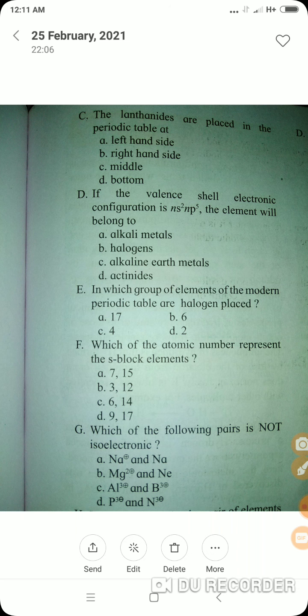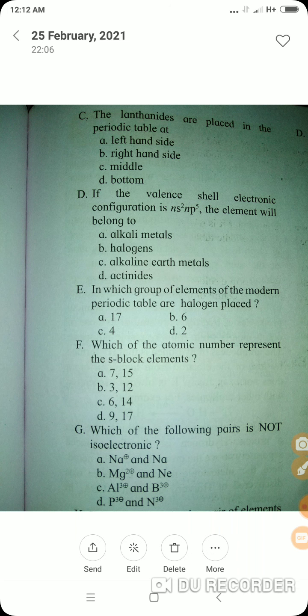When we study the electronic configuration across the groups, we study the general electronic configuration of group number 1, group number 2, group number 3, and groups 13 to 18. So from the valence shell electronic configuration, we can easily decide the group in which the element is present.